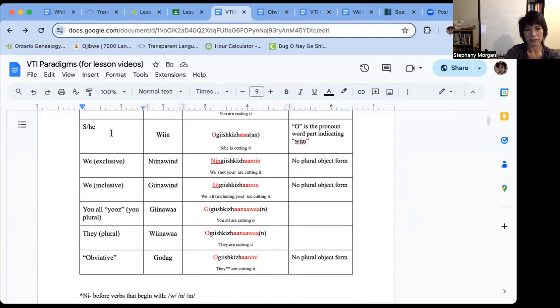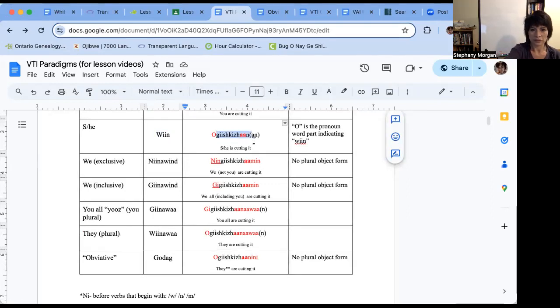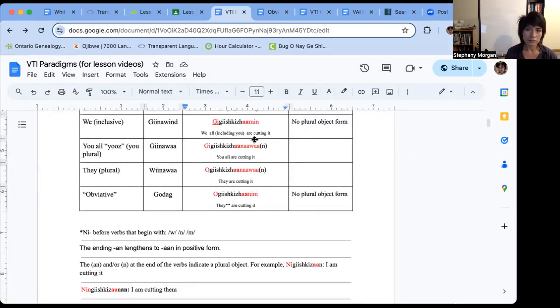So if you see the third person right here, John is the one who is cutting something, like cutting the paper. John o-gish-kijan, he is cutting it, while Eric is writing on the paper, you could say. Or you would use Eric and you would put a suffix on Eric's name that is similar to how we put suffixes on to inanimate nouns.